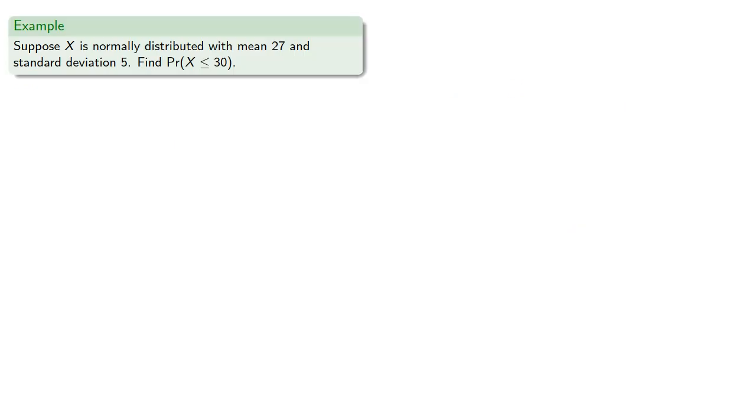For example, suppose x is normally distributed with mean 27 and standard deviation 5. We'll find the probability that x is less than or equal to 30. So we'll find the z-score, that's x minus the mean divided by the standard deviation, which will be 0.6.